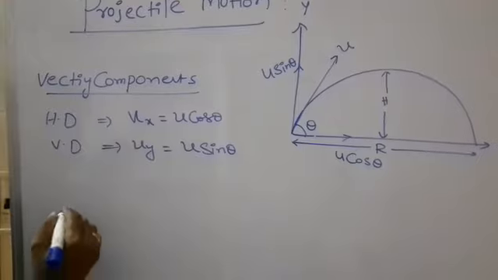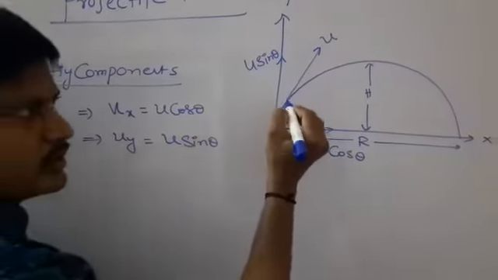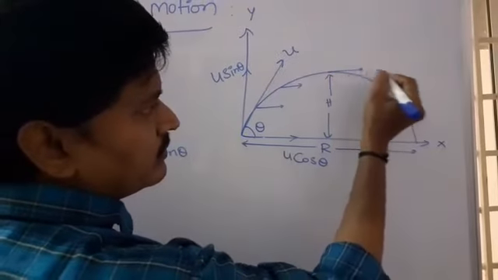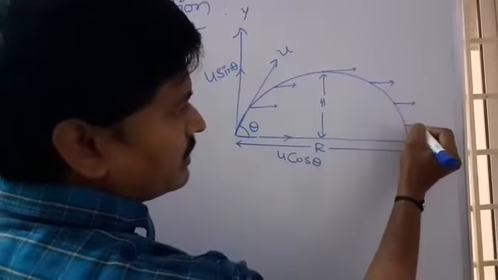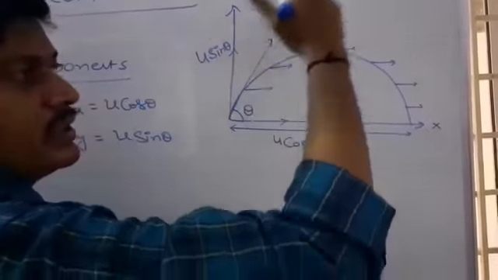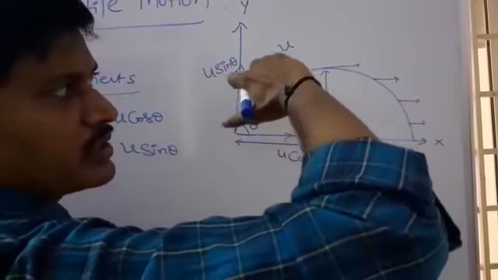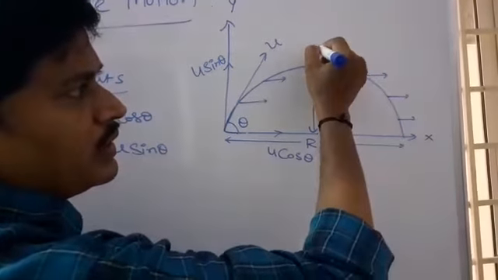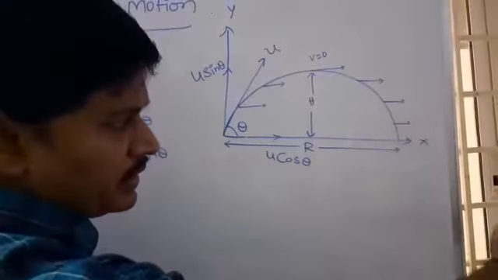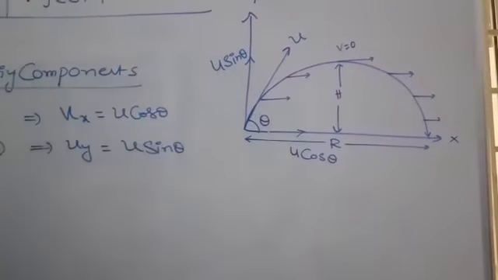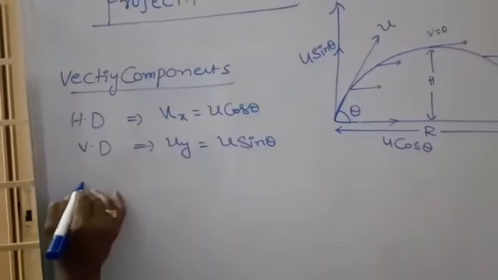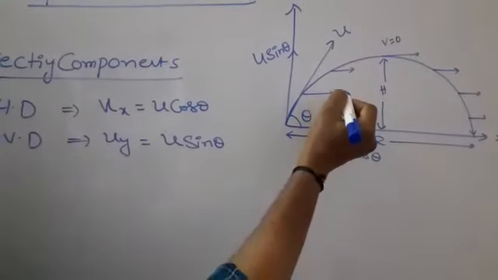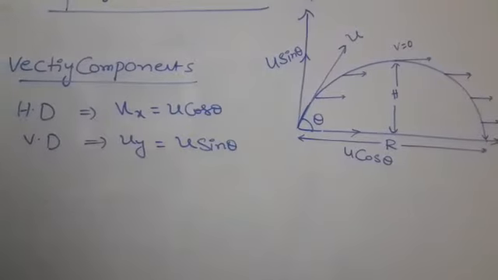In the horizontal direction the velocity remains constant everywhere, but in the vertical direction the velocity gradually changes. As we go up in height, the velocity decreases. At the highest point the velocity becomes 0, and then it increases as the body comes down. In the horizontal direction the velocity remains constant, so the acceleration is 0.